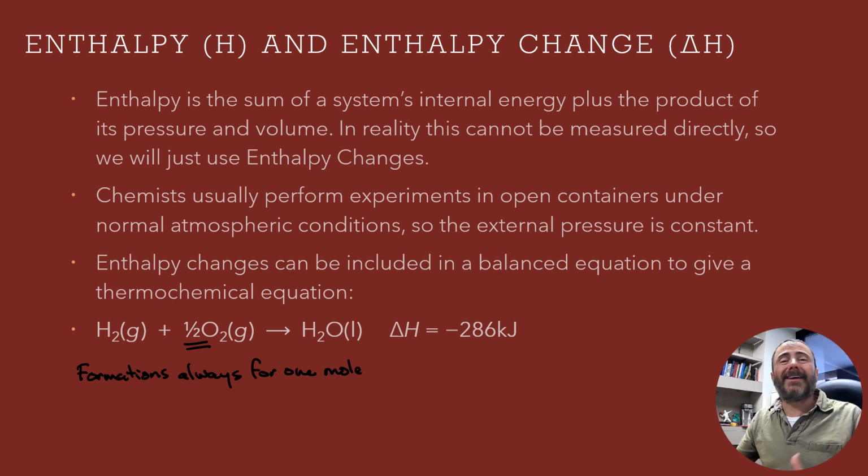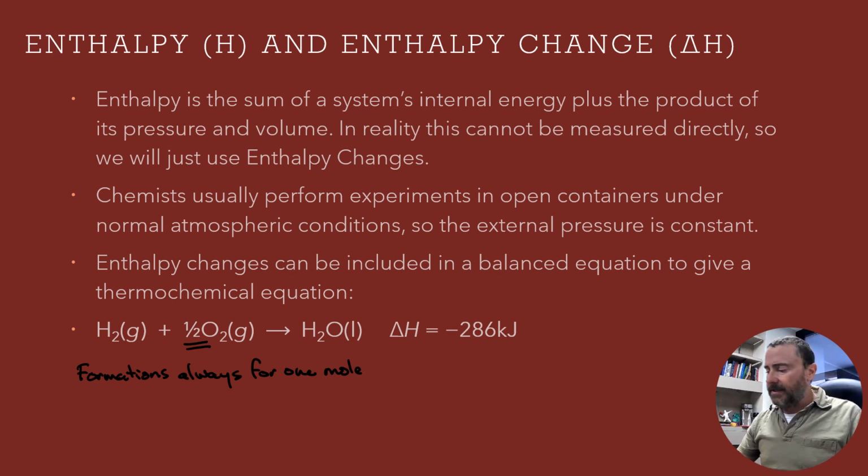In order for it to technically balance out, the oxygen has to be 1/2 there. Again, it doesn't work for a chemical equation, but for an enthalpy of formation, that's why we've got that 1/2 of an oxygen in there. All of our enthalpies of formation are going to be forming 1 mole of whatever we're interested in.